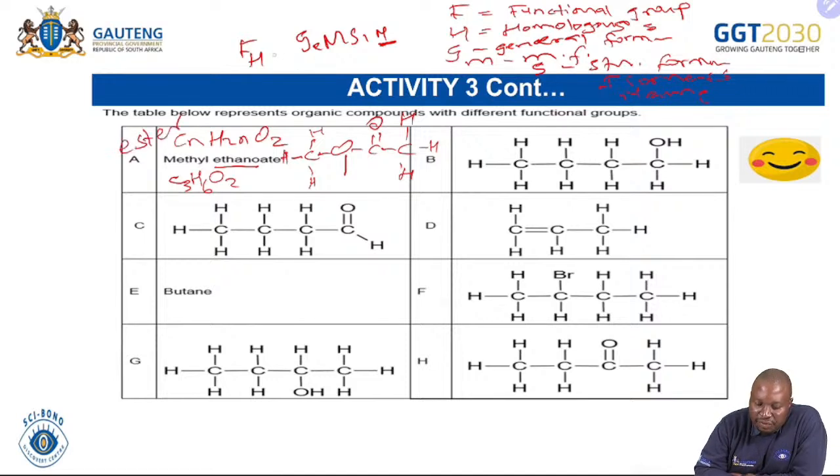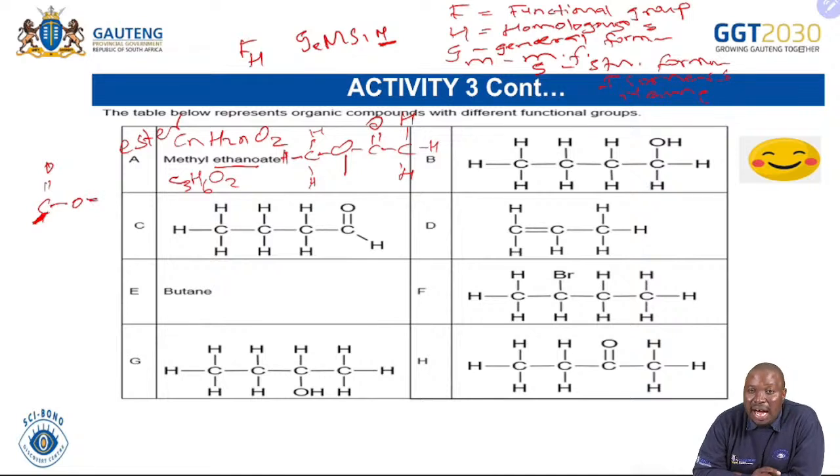What is the functional group? You know it is our ester bond, where we draw the C double bond O bonded to the oxygen. Remember to count the number of bonds around the carbon. There must be 4, so it's 1, 2, 3, 4. Oxygen has 2, so it's 1, 2. So you know that this is the structural formula.